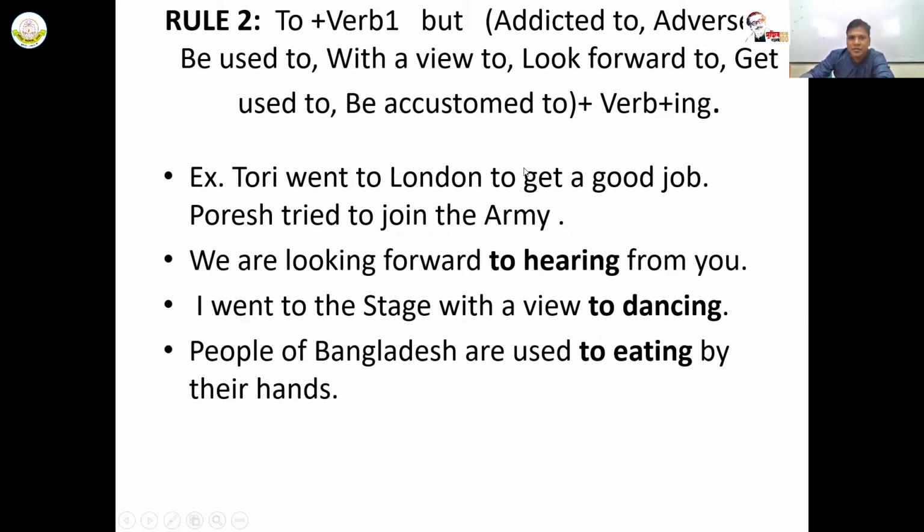So you have to remember these words: addicted to, adverse to, be used to, with a view to, look forward to, get used to, and be accustomed to. These words will take verb plus ing.